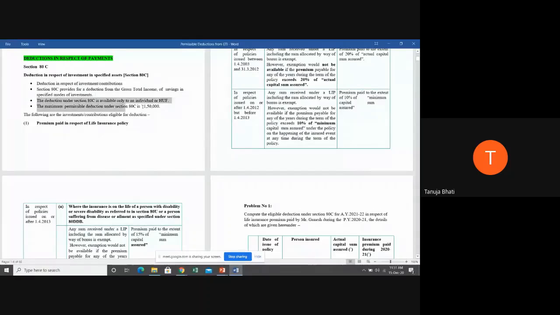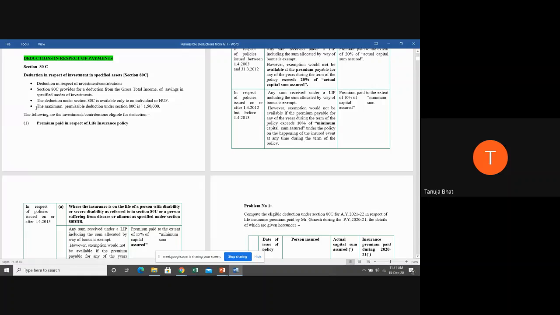The deduction under 80C is available only to an individual or HUF. We know that the term 'person' means individual, HUF, partnership firm, LLP, artificial juridical person, and so on. But the deduction under 80C is available only to an individual or HUF.